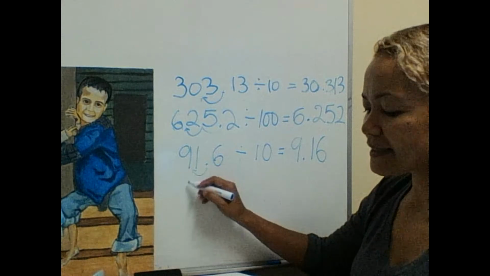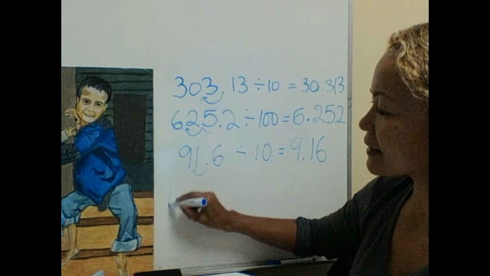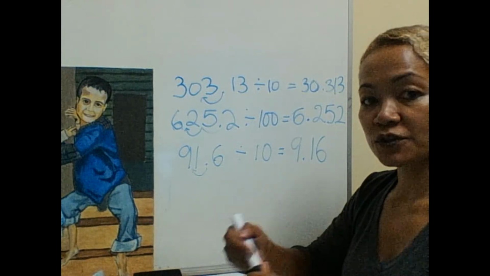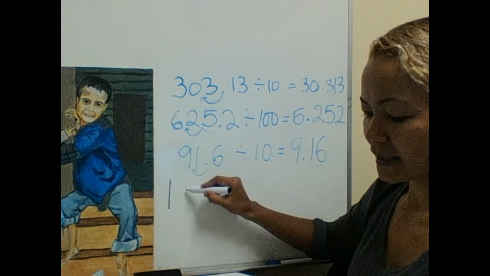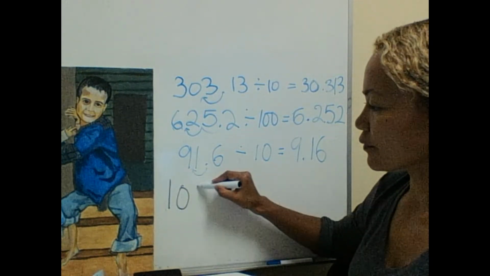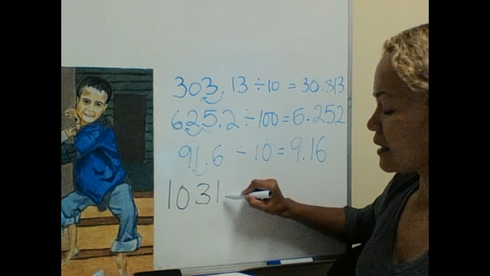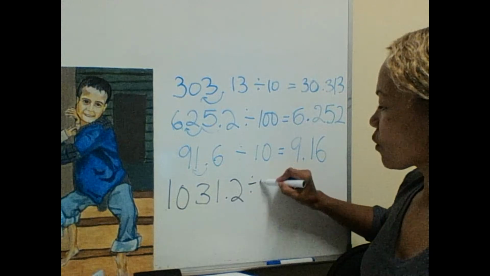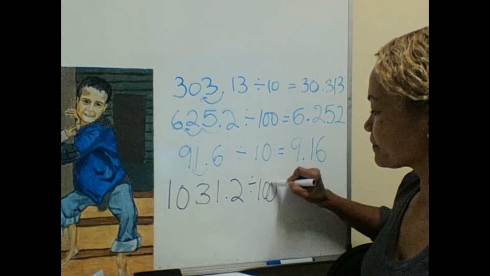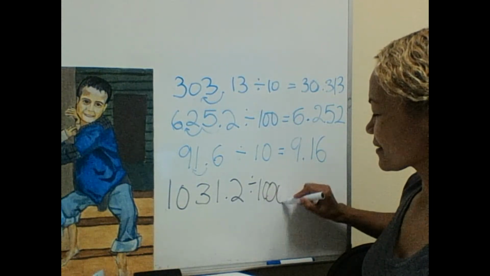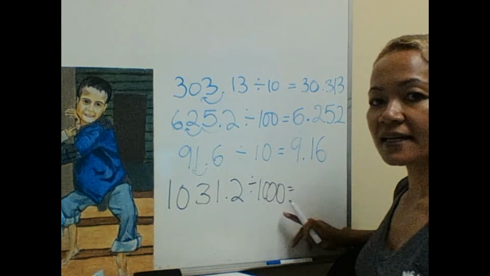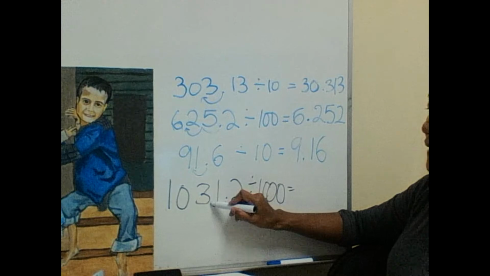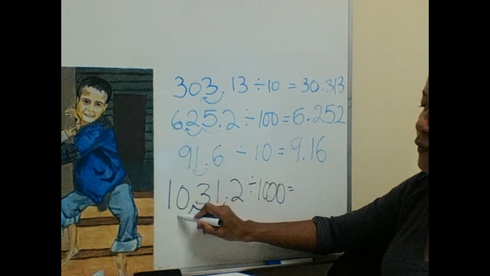And then the last example I have is, let me switch to a different one. 1031.2 divided by 1,000. Okay, 1,000 has 3 zeros, so you will move it to the left to make the number smaller, 3 places.